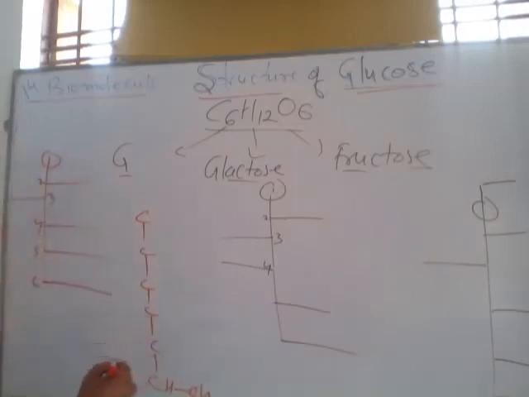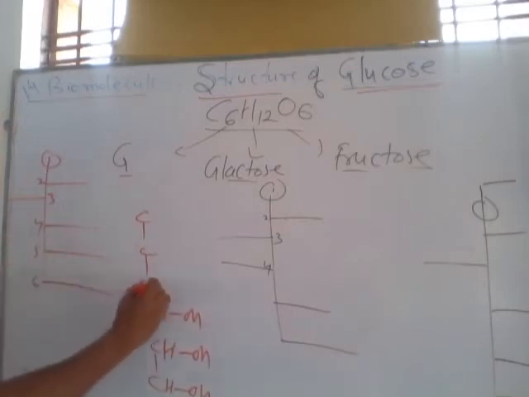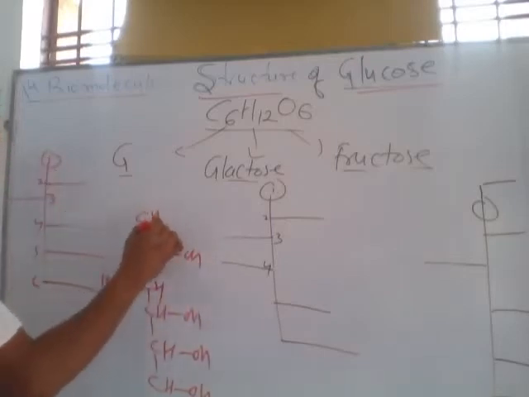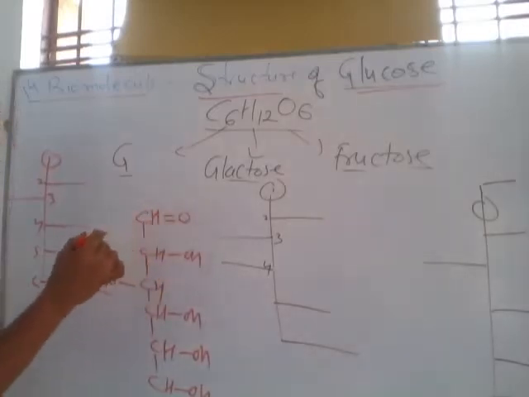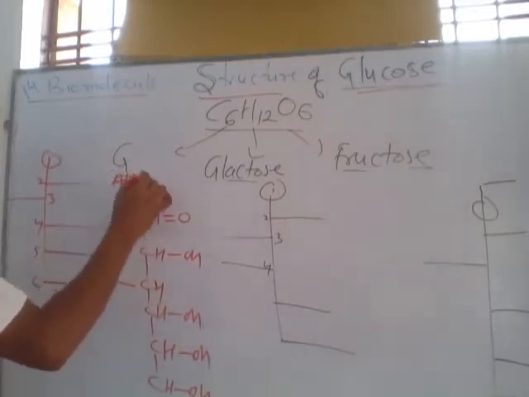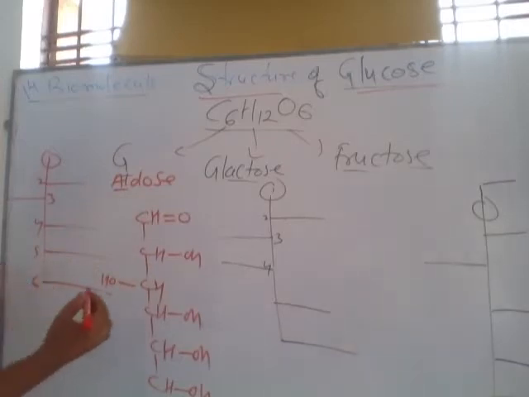The meaning of these lines is CHOH, but on the 3rd carbon the orientation is on the left hand side, CHOH. 2nd carbon, CHOH. On the top there is a circle. The meaning of the circle is CH double bond O. This is called the aldehyde group. So in glucose the aldehyde group is present, so glucose is also called an aldose sugar. Aldose means the sugar in which an aldehyde group is present.